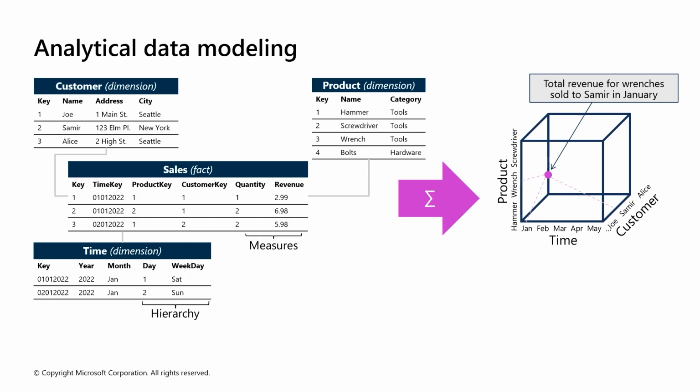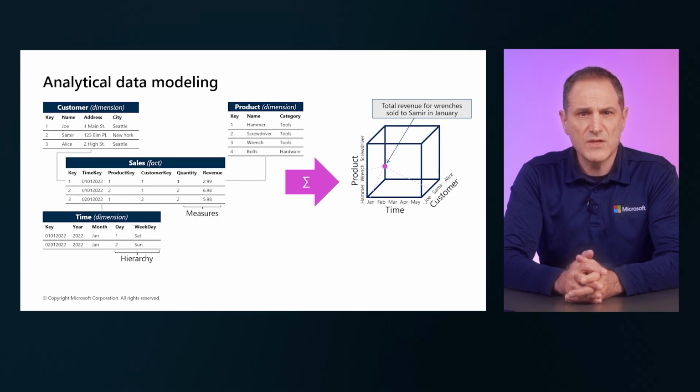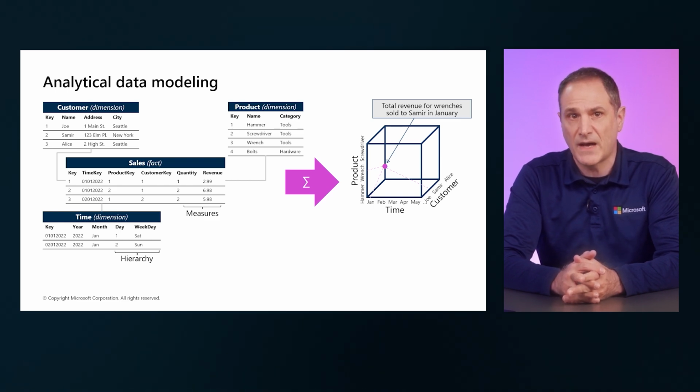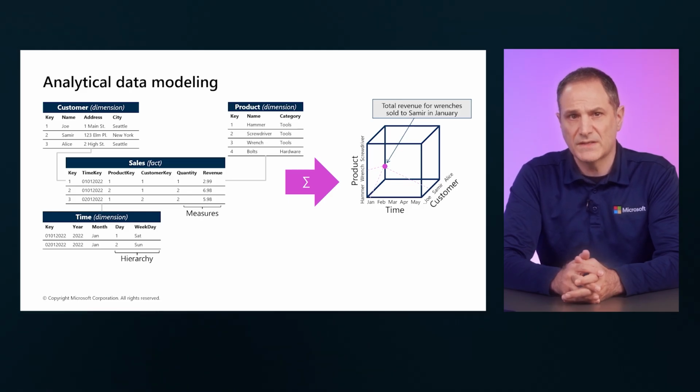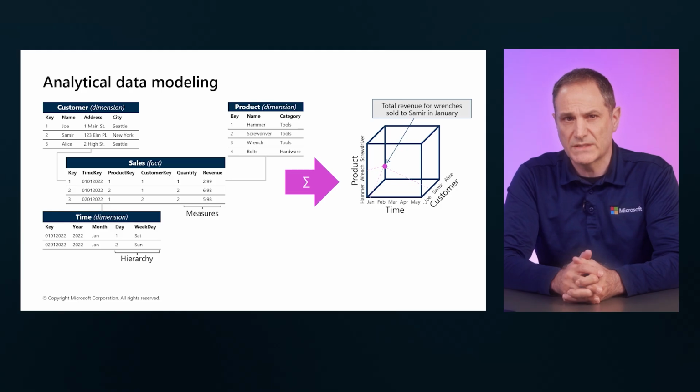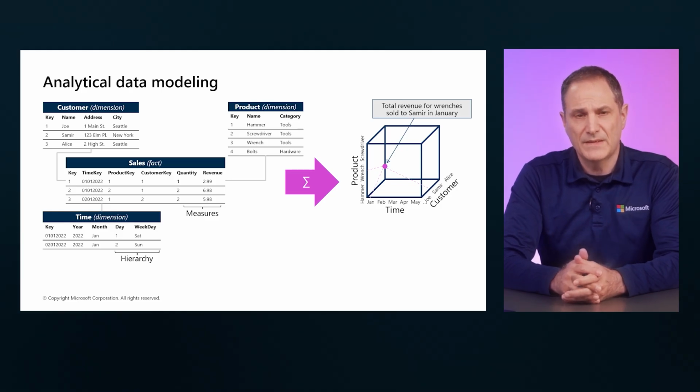Conceptually, this kind of model forms a multi-dimensional structure, often referred to as a cube. Each point where the dimensions intersect represents an aggregated value for those dimensions. To build this model, data is organized into tables with specific roles. Dimension tables represent the entities by which you want to aggregate data.